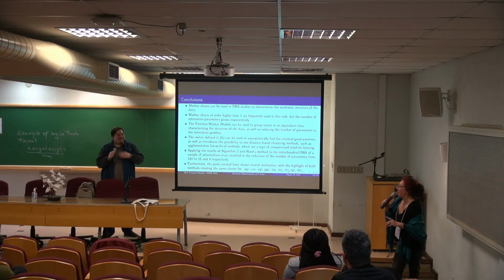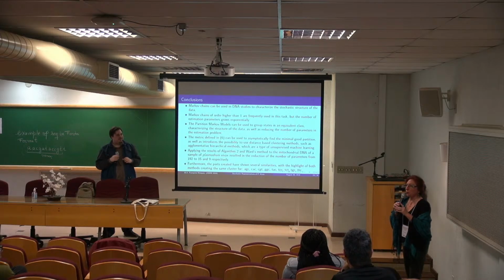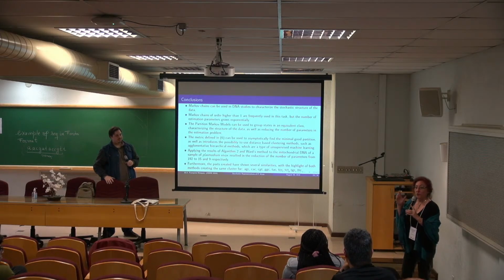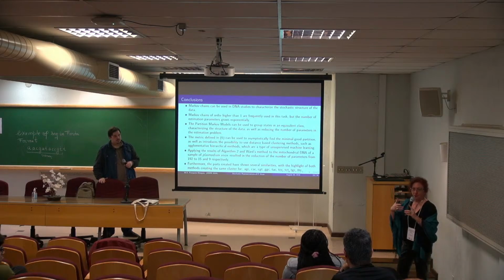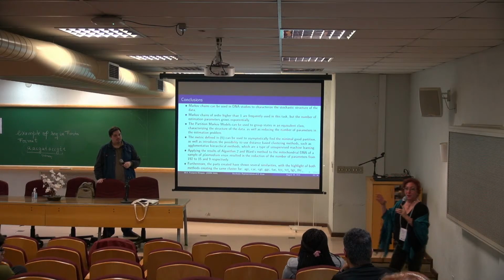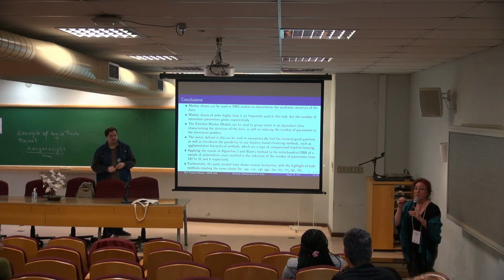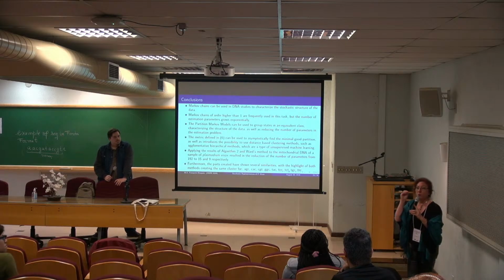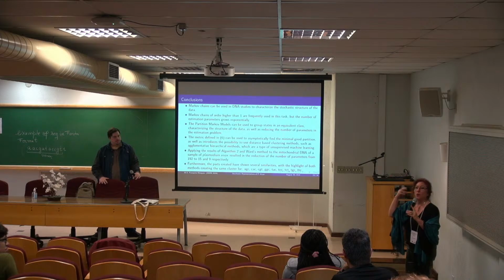Let me add something. Suppose you have several sequences of Vivax, okay, and you want to decide which of them is the most representative of Vivax. You have a natural variability. Sequences in the FASTA format. Suppose you want to identify a gold pattern sequence in order to compare it with others.